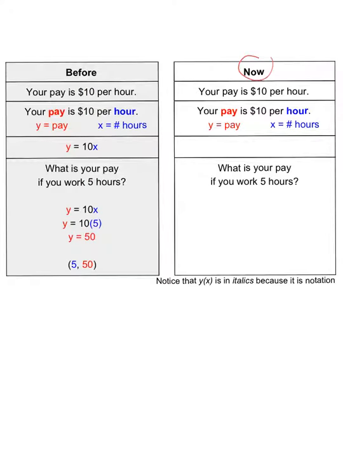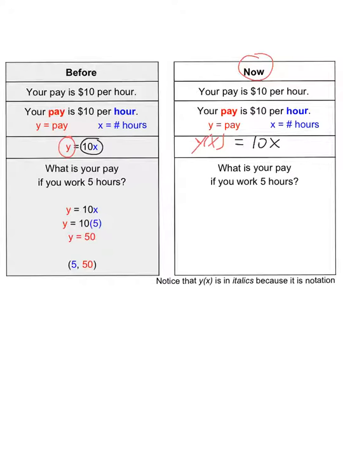But now we have that extra information. We're not going to have just a y, so we're going to use italics to show the notation, and we see that that is equal to 10x, just like it was before.